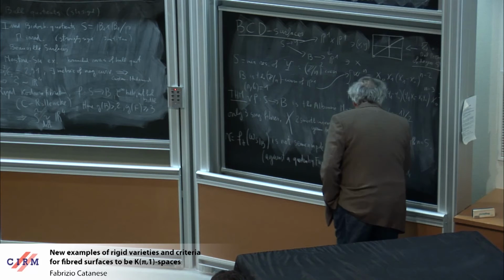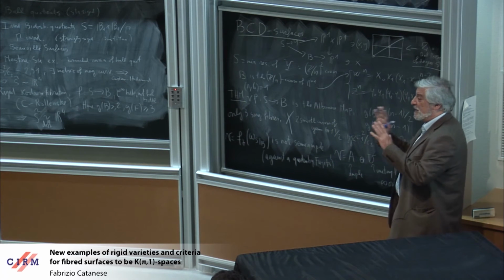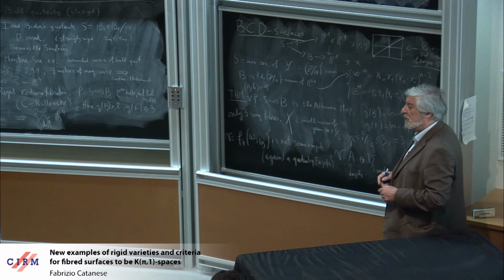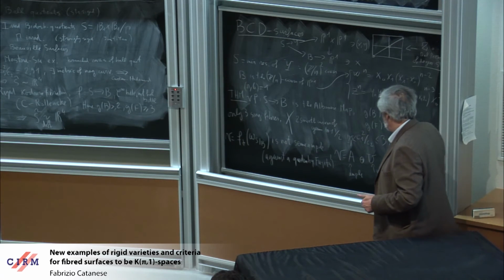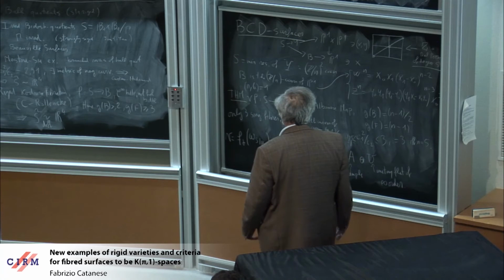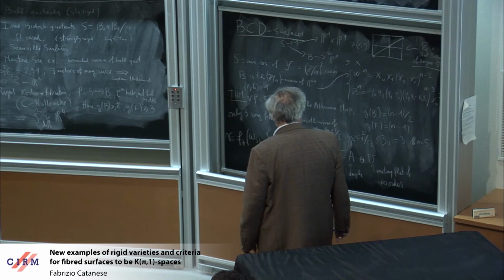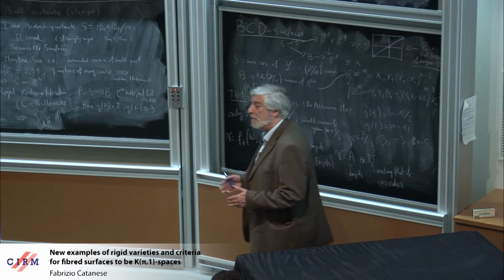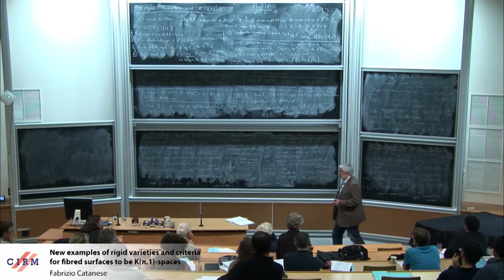The unitary flat bundle comes from a representation of the fundamental group, and the image of this representation is infinite. One can prove that a unitary flat bundle is semi-ample if and only if the representation is finite.